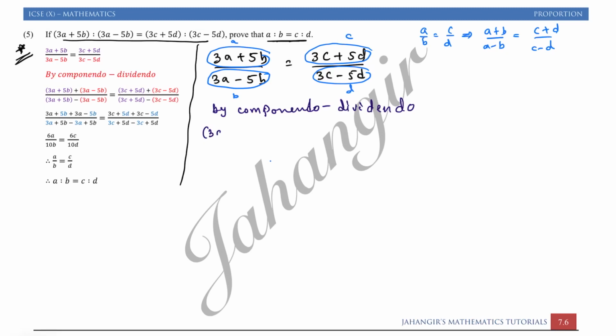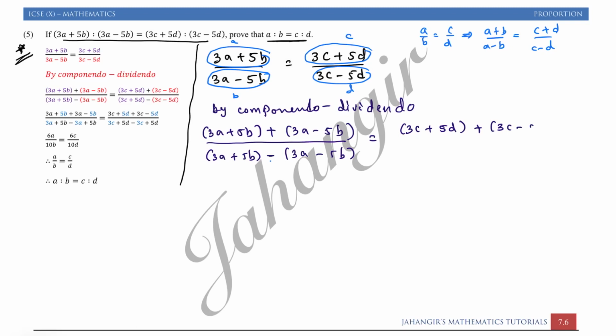So I can write 3a plus 5b plus 3a minus 5b, whole, upon 3a plus 5b minus 3a minus 5b, is equal to 3c plus 5d plus 3c minus 5d, whole, upon 3c plus 5d minus 3c minus 5d.